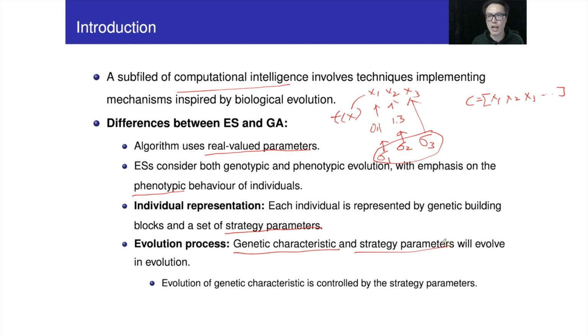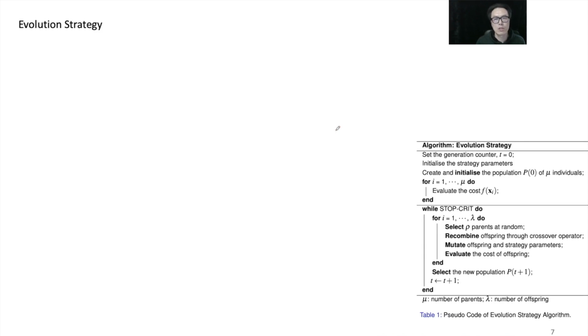So in each iteration, all these parameters involving x and sigma will evolve according to the current value of f. This slide just gives you an overall picture of the evolution strategy, and this is the pseudocode of the ES right here.